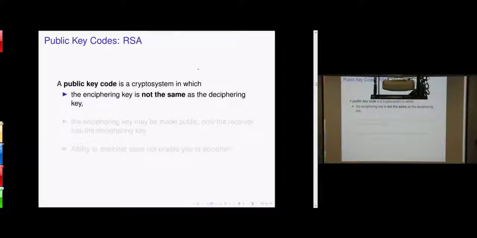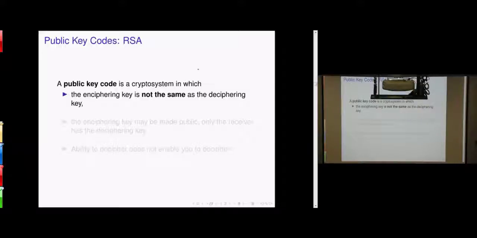Okay, so now in the remaining 15 minutes, we'll look at things in a different way. We'll introduce a completely different system. This is called a public key code, and RSA is three people's names. You are going to see them. So we are going to introduce a new kind of crypto system, which belongs to public key codes.